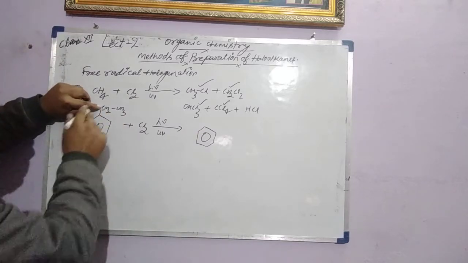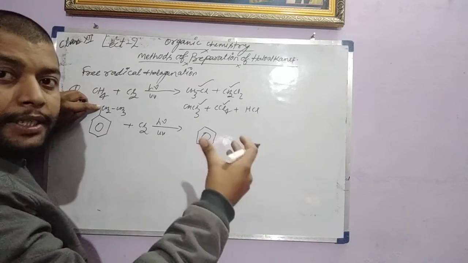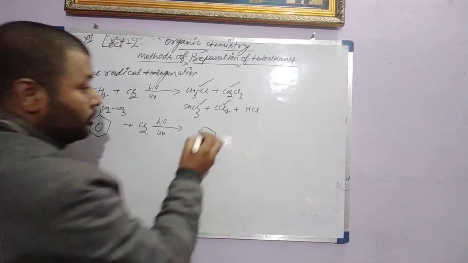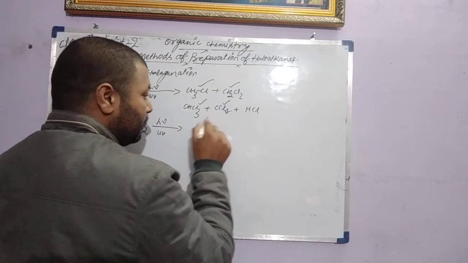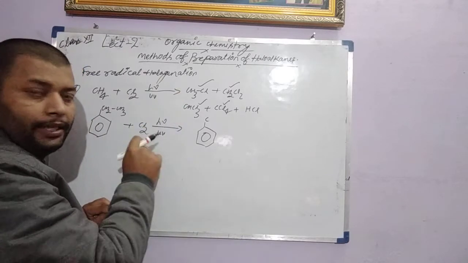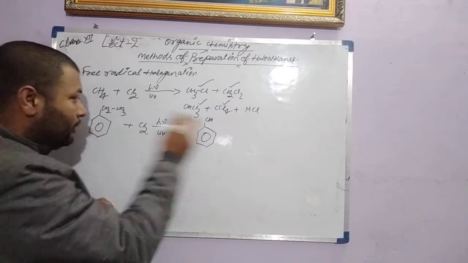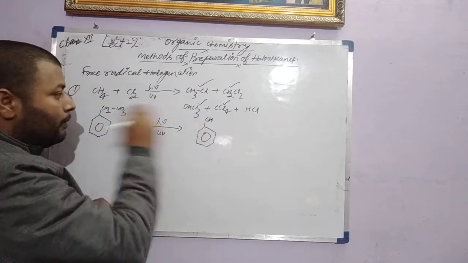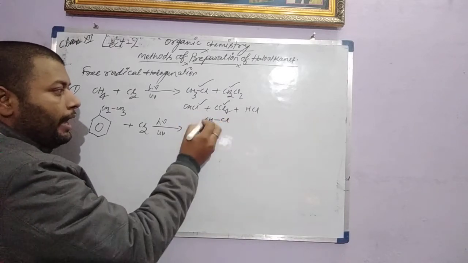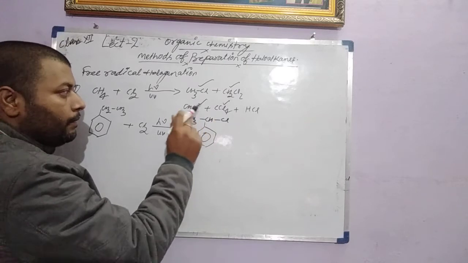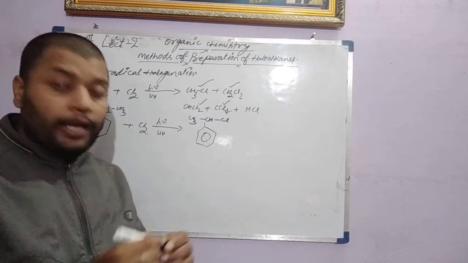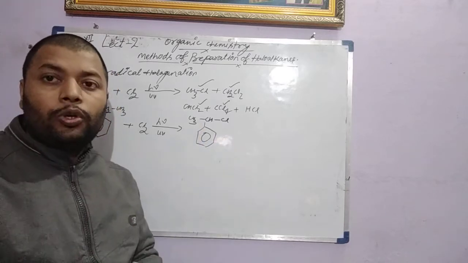The carbon attached to the benzene ring has resonance possibility, so the free radical formed during the reaction is most stable. That is why the hydrogen from the benzyl carbon is substituted by chlorine, and you can see the chloro substituent.